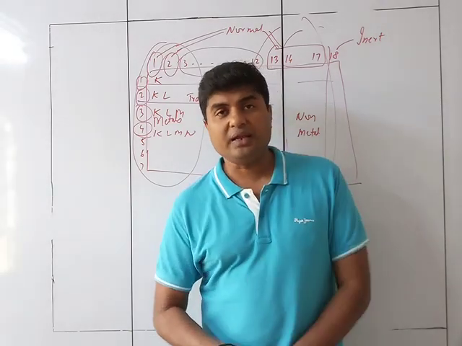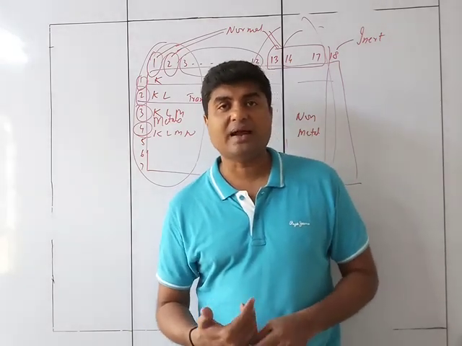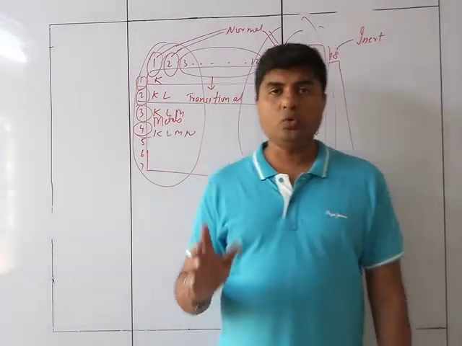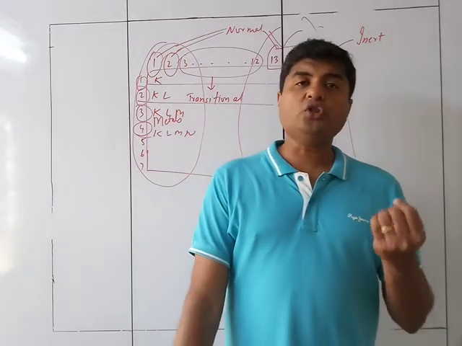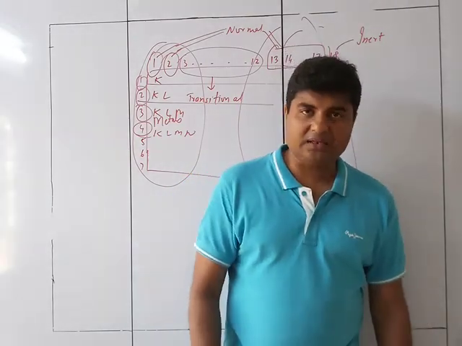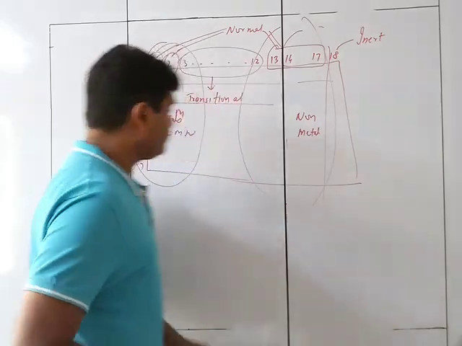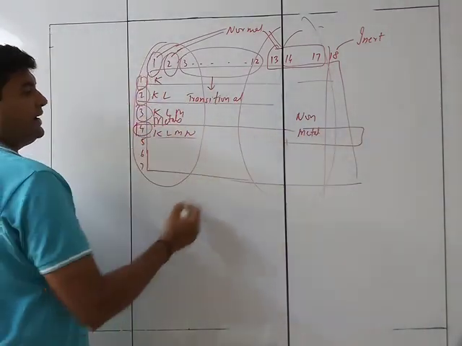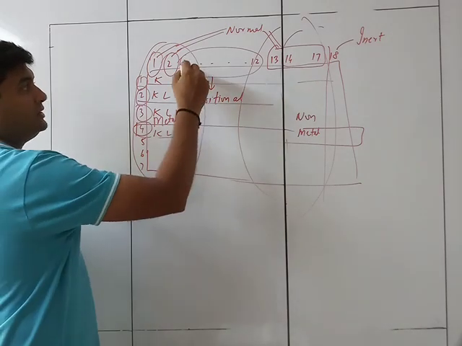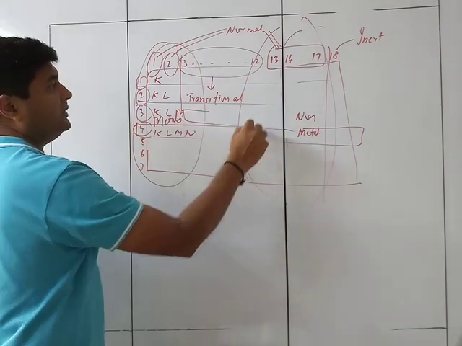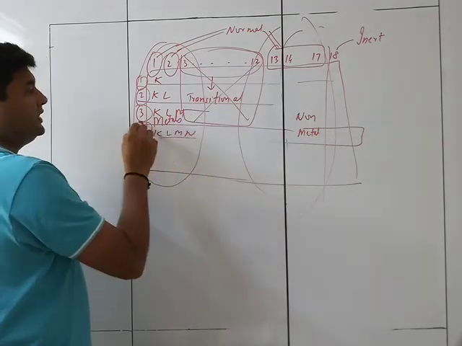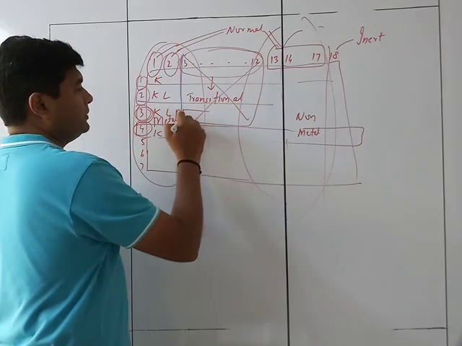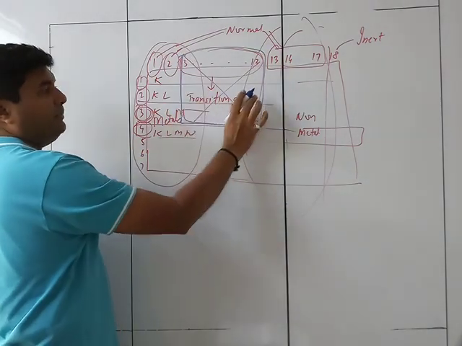Period number 3 has also got only 8 elements, from 11 to 18, that is sodium to argon. Then the fourth one is a long period of 18. It is only from this particular fourth period that all the 18 of them are filled up. Till the third period, the transitional part is not filled up, so this part will be empty.